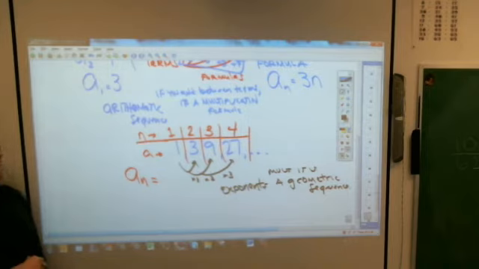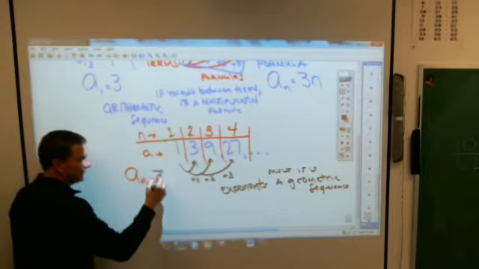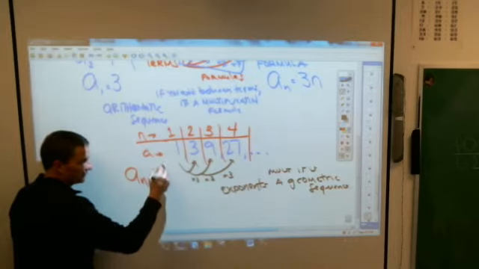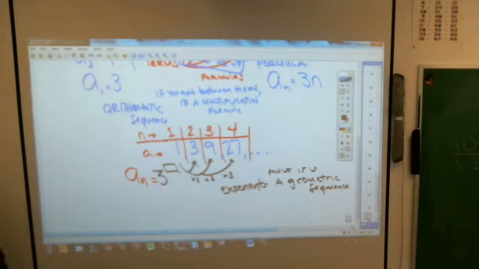And then, let me give you another clue. Whatever number you are multiplying by, what number am I multiplying by? Whatever number you're multiplying by is the base that goes to whatever exponent it is. Guess what goes in that box?